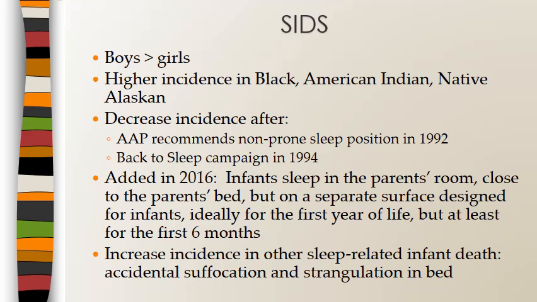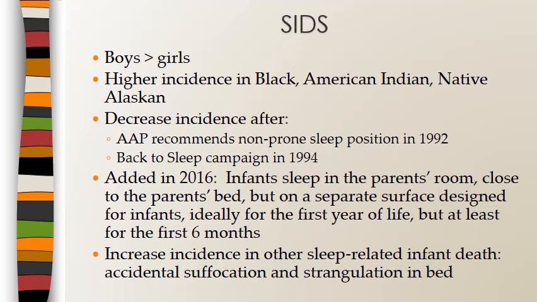Then in 2016, we added some more recommendations, and basically what was recommended is that infants should sleep in the parents' rooms, close to the parents' bed, but on a separate surface that is designed specifically for infants, ideally for the first year of life, but at least for the first 6 months of life.